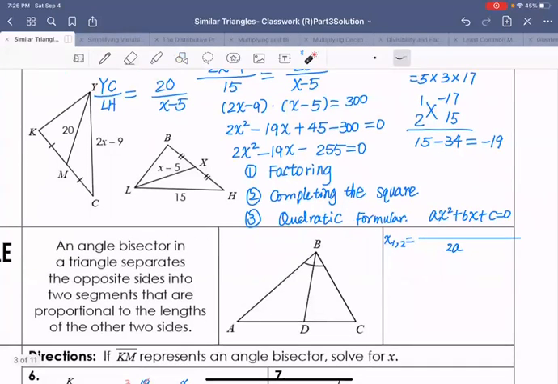Annie, do you remember the quadratic formula? Not really. Okay, I'm going to give you two different versions to help you remember the quadratic formula. See which way helps you.